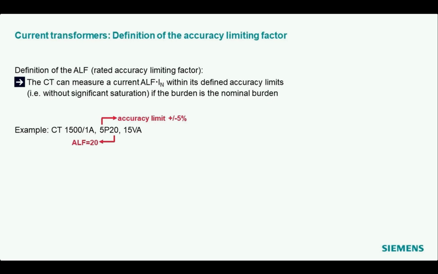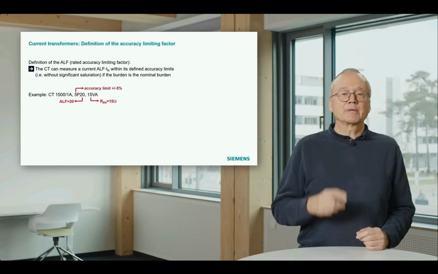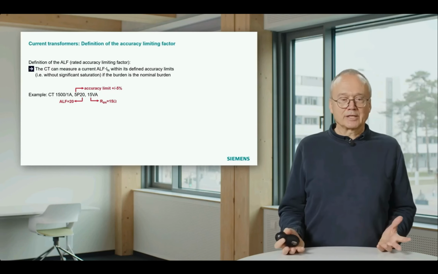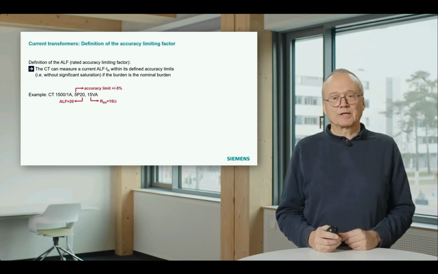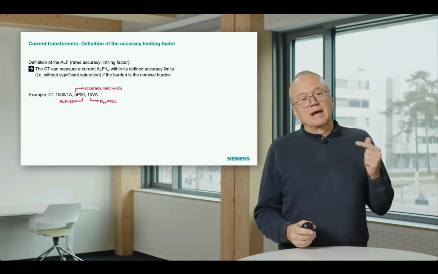And then the 20 is the ALF, the rated accuracy limiting factor. And you have there the burden, 15 VA, as it is 1 amp rated current on the secondary side. That means the rated burden in ohms is 15 ohms.